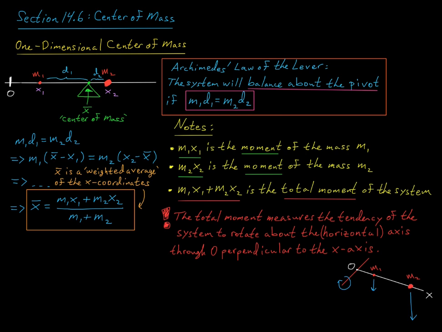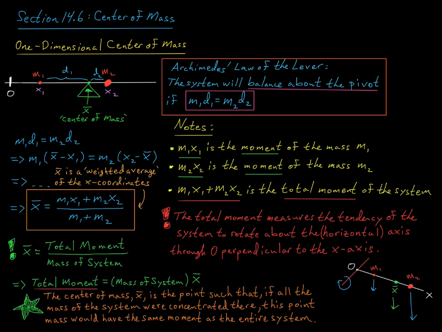Okay, so with that in mind, I'm going to write the expression for the center of mass now as the total moment of the system, that's what we have in the numerator, divided by m1 plus m2, which is just the total mass of the system. Rewriting this, we can say that the total moment is equal to the mass of the system times the center of mass x bar.